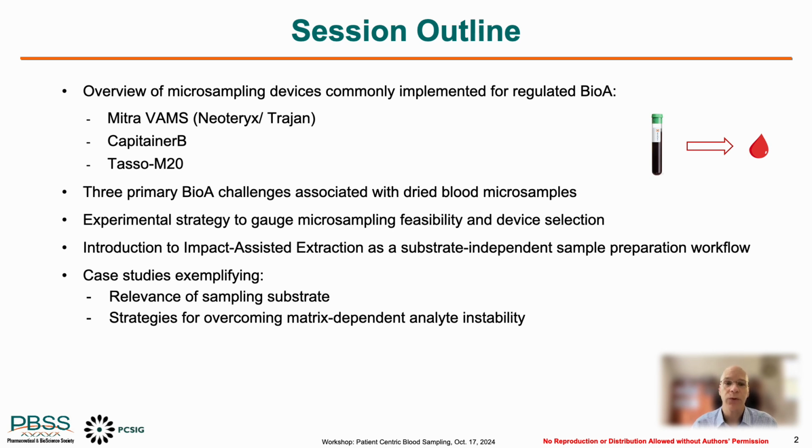I'll next introduce impact-assisted extraction as a device-independent sample preparation workflow that's proven to mitigate two of the three primary BioA challenges to ensure accurate and precise drug quantitation. And then we'll examine a couple of case studies which exemplify the relevance of the sampling substrate and strategies for overcoming matrix-dependent analyte instability.